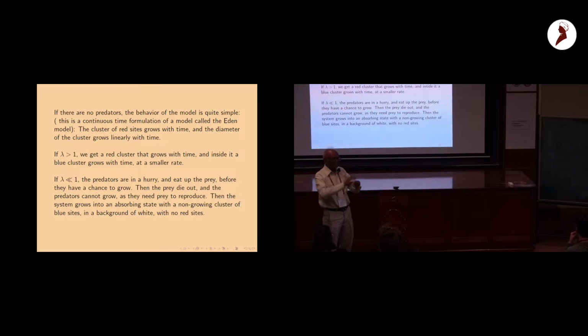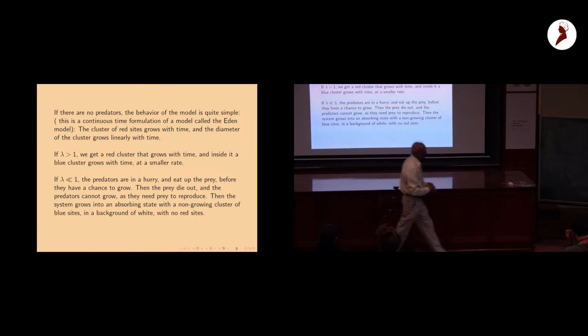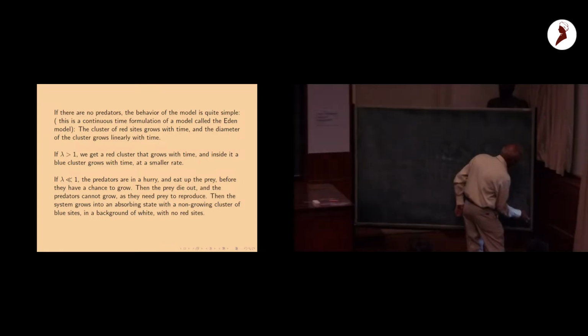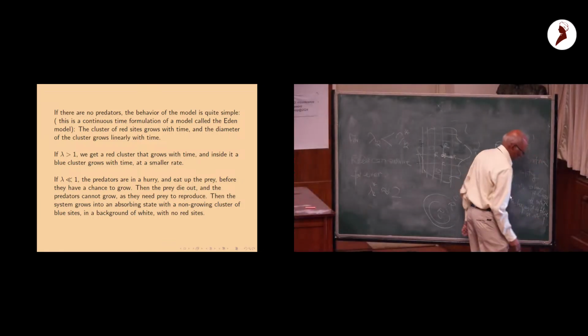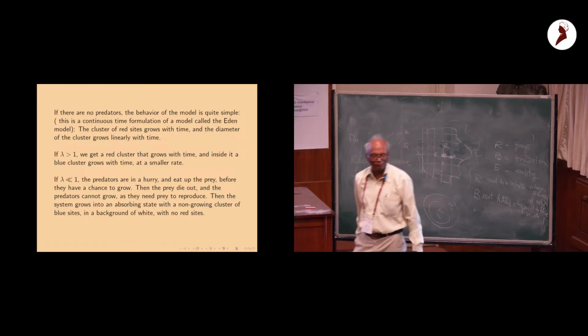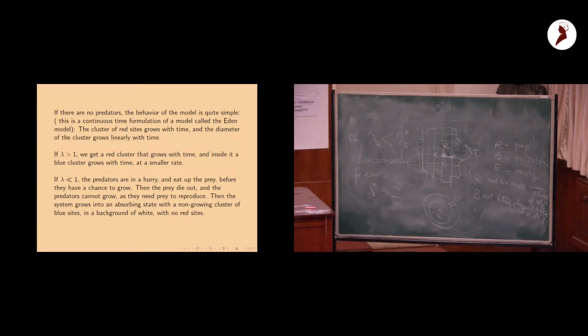The lambda is the rate of 2 infections, and here lambda is the rate at which the red cluster grows, and this one is 1. This is the new definition of lambda: the rate at which the red clusters grow, and the blue grow at rate 1.